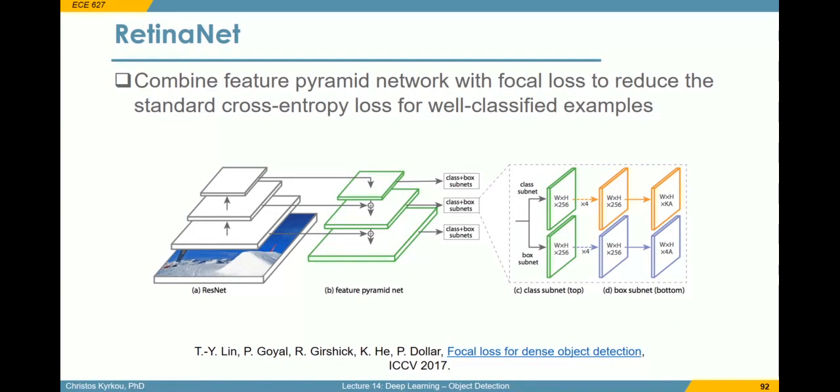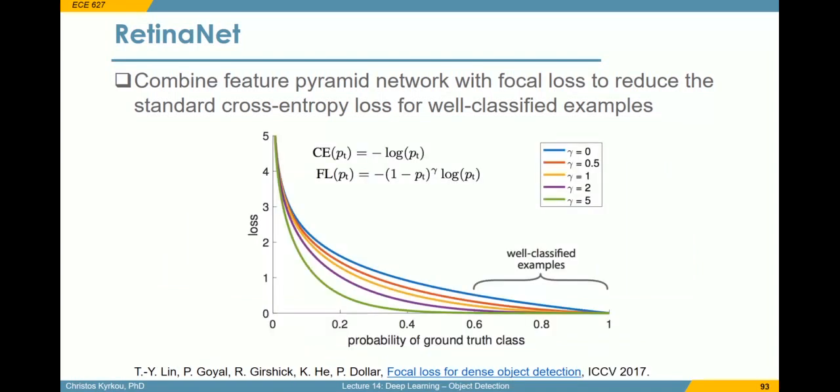So, for example, we have negative examples that are well classified that should not impact the loss function. So we suppress the information coming from them, so that the optimization can focus on the samples that are not well classified. And this is essentially how the focal loss operates.